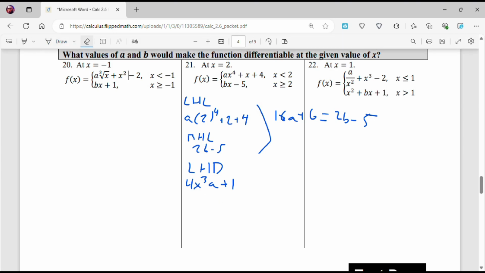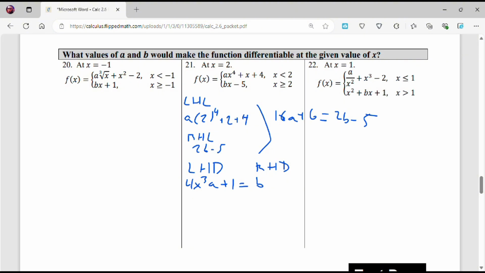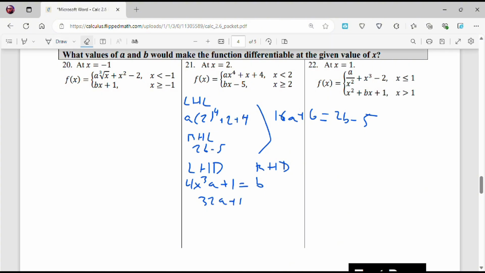Derivative of anything times x is a constant. So b. Now we have to plug in our x value, right? So we plug in 2. 2 to the 3rd is 8. 8 times 4 is 32. 32a plus 1 equals b.